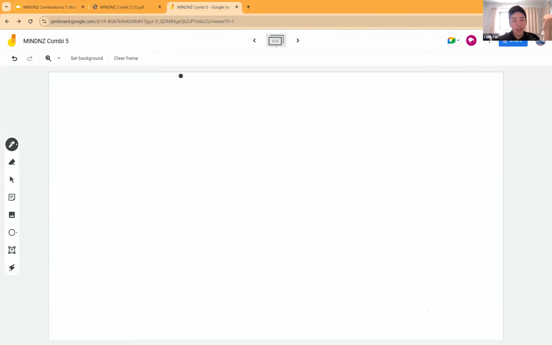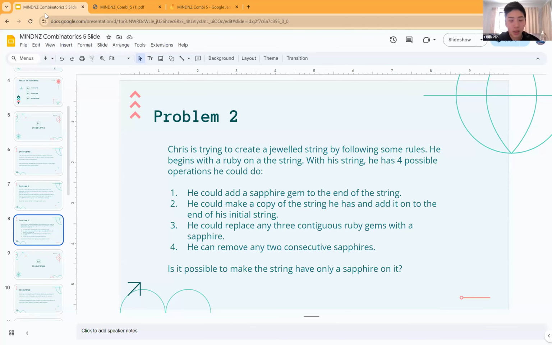Okay, I'll start presenting the solution now. Well, I'll start presenting the first bit. I won't finish it off completely, right? So I'm just going to look at the number of rubies because if you look at the number of sapphires, it's going to change very erratically. You can add one, you can double it, you can minus, or wait, add another one, you can minus two.